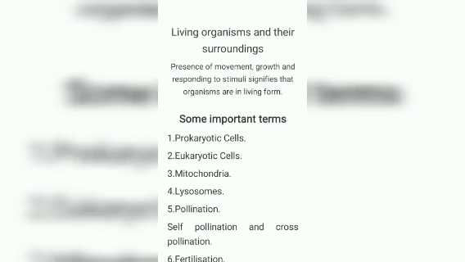Pollen grains are found in flowers, and the anther and stigma are the reproductive parts of plants found in flowers.